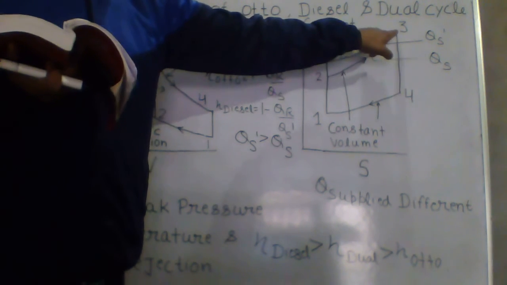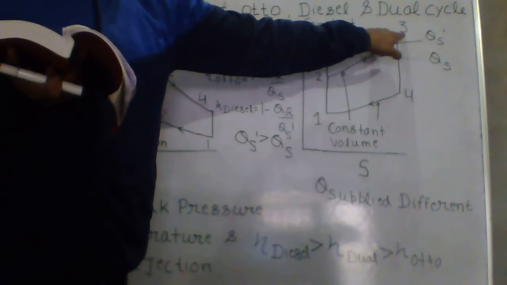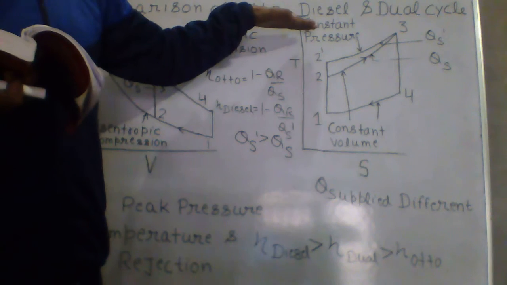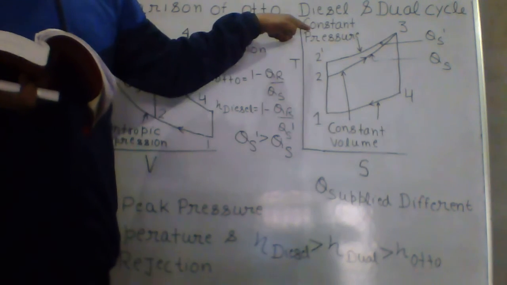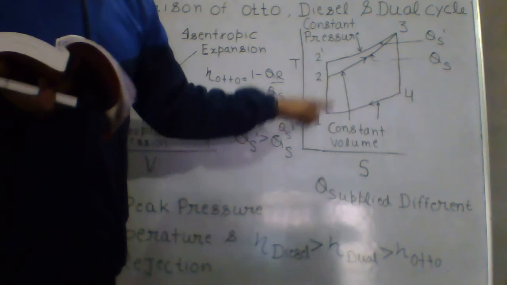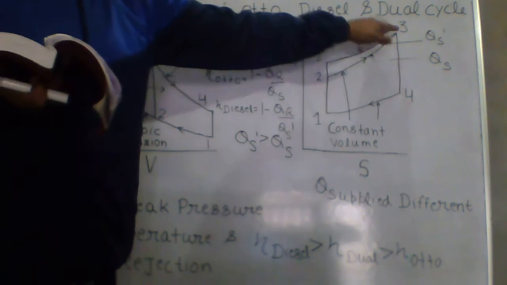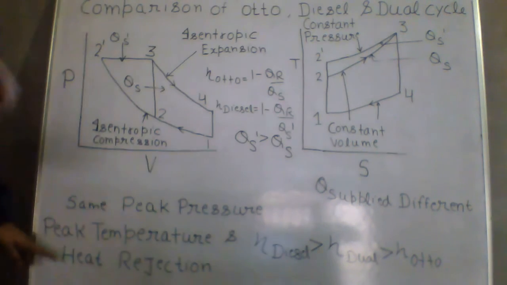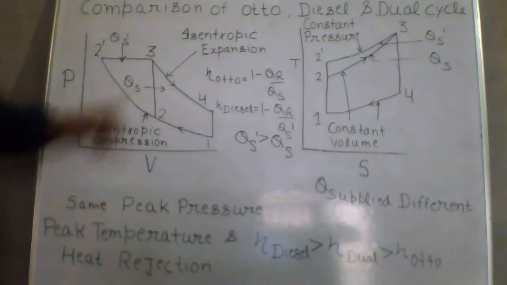You can see 3 is common in both cycles. It means the maximum temperature achieved in both the diesel cycle and the Otto cycle is same. Point 3 is same, so the second condition is satisfied. Peak temperature is same in both the cycles.